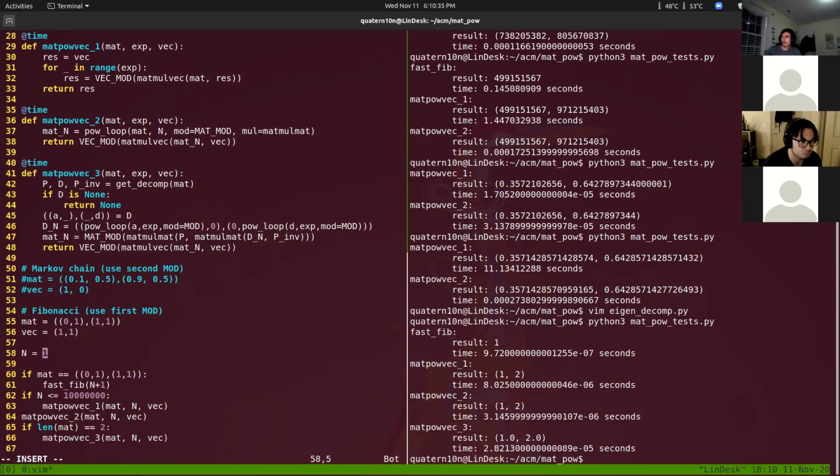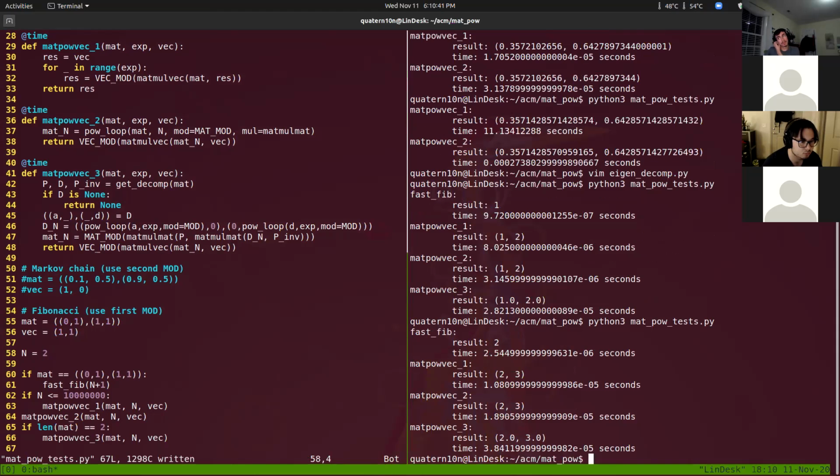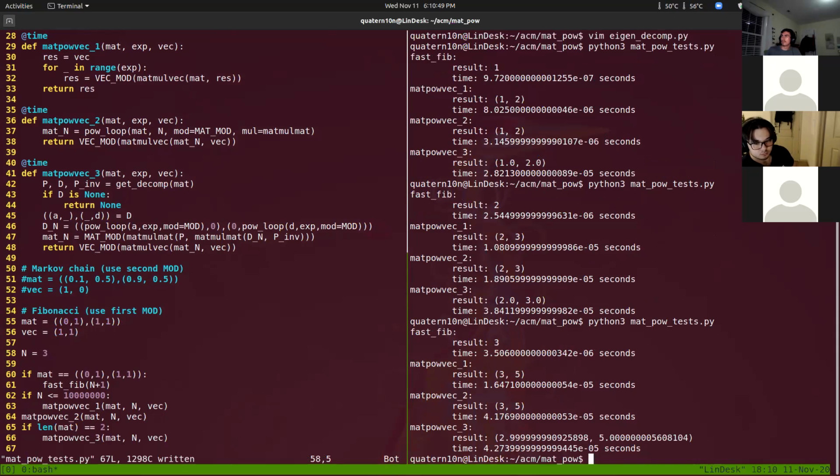So let's go up to 2. And we can see here, 2, 3, it's still accurate. Let's go up to 3. Now you start seeing a couple of decimal points. Now it's 2.99999, close enough.